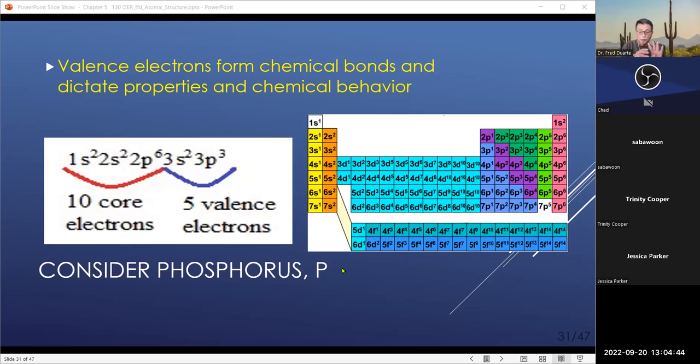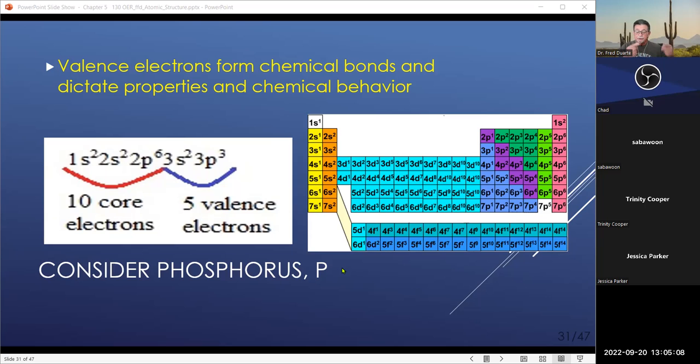There are 4 orbitals, denoted by the letters S, P, D, and F. For the S, there's only 1 S orbital. For the P, there are 3 orbitals. For the D, there are 5. And for the F, there are 7.